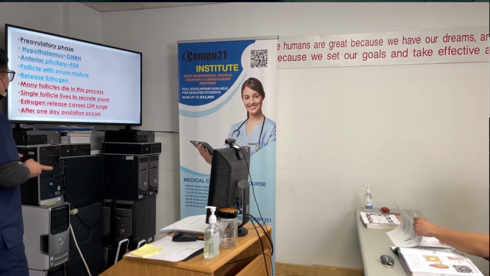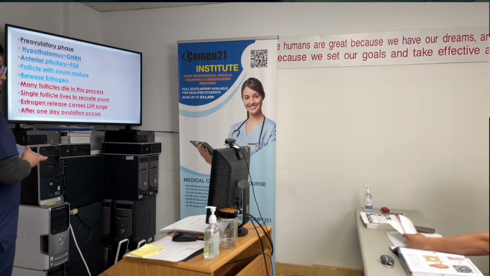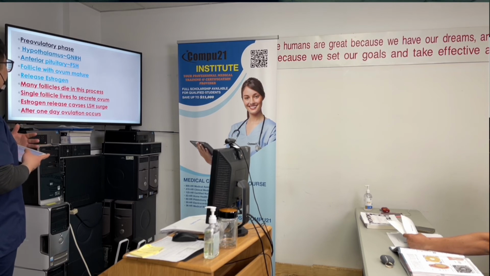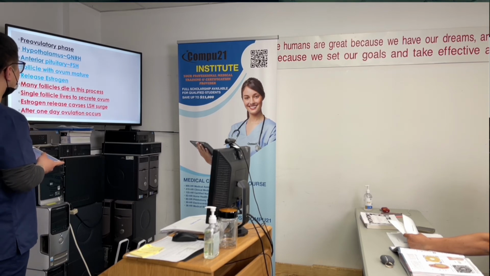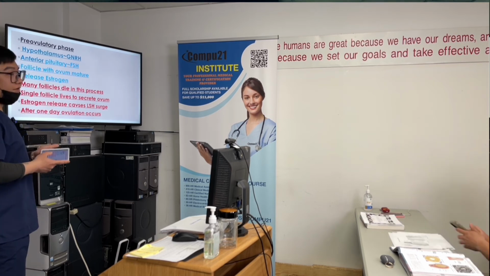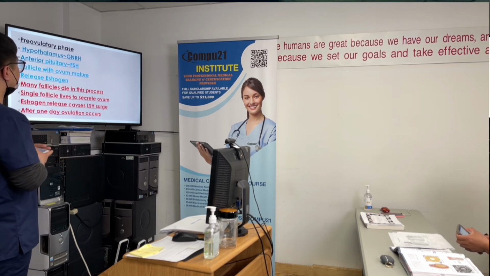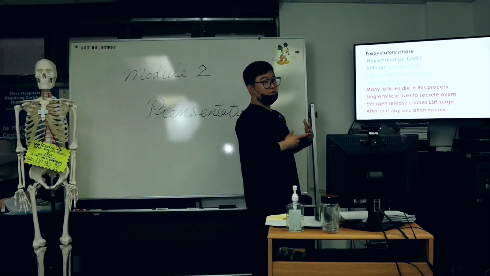The hypothalamus releases a hormone called GnRH. That hormone tells the anterior pituitary to release another hormone, FSH, to tell the follicle with the ovum to mature. Do you get my point?